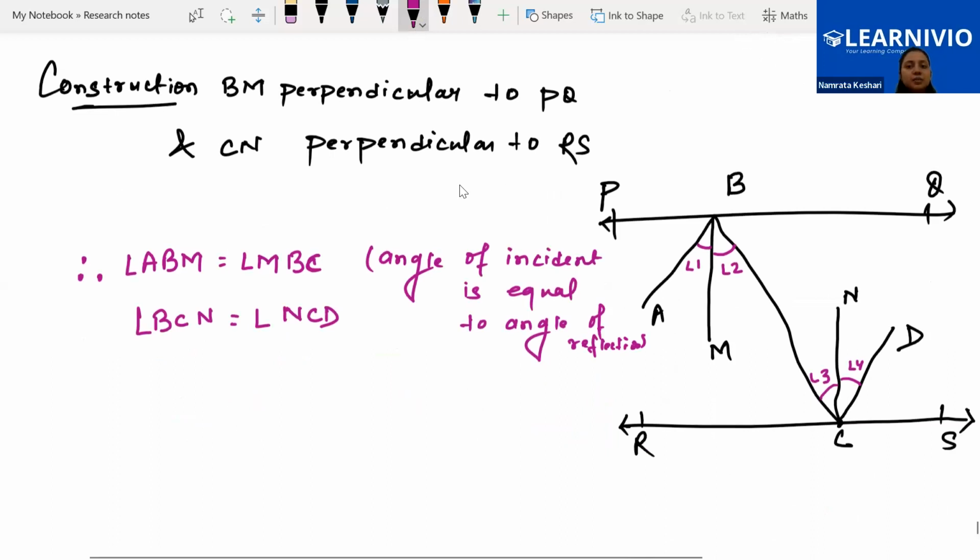If you have to name it, then you have to mention also that you are using angle ABM as angle 1, and you are using angle MBC as angle 2. This one you have to write like this. This one you are using for angle 3. You have to mention that you have taken the assumption that ABM is 1 and MBC is 2, BCN is 3. Like this also you can write, no worries.